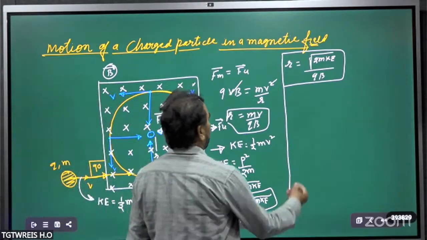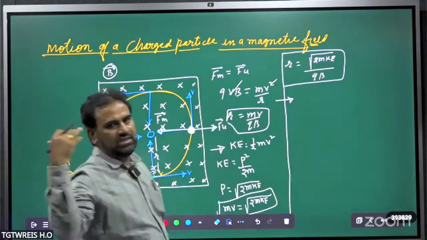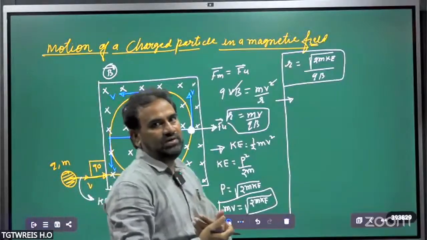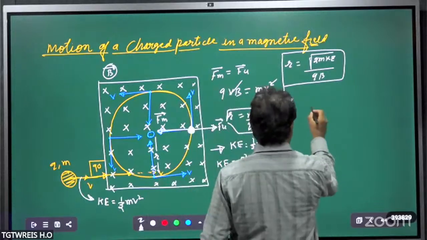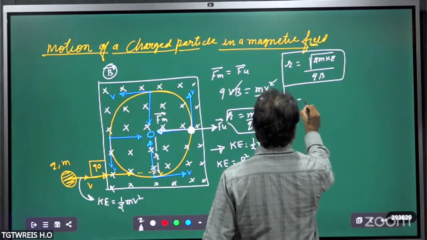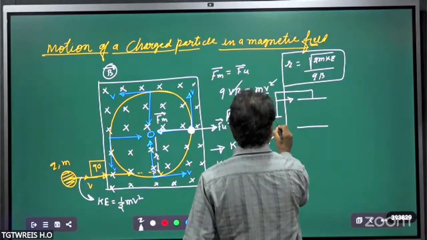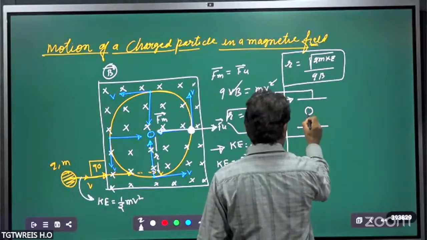Okay. Suppose the charged particle is accelerated through a potential difference V and enters perpendicular to the magnetic field of induction B. Consider a potential difference V created across like this. A charged particle enters here.